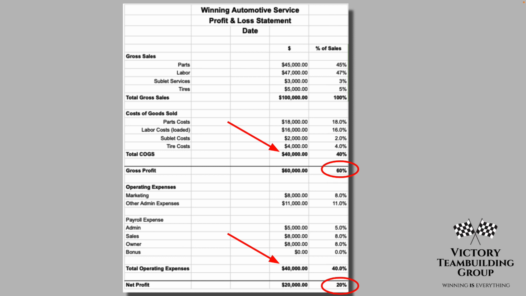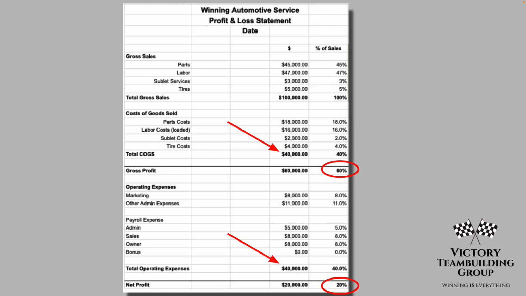So if we took a $100,000 shop and it had $40,000 in operating expenses, you see the number at the bottom there, $40,000 in operating expenses. That also happens to be 40% of the total sale of $100,000. So we have the $100,000 sale minus the $40,000 cost of goods sold.